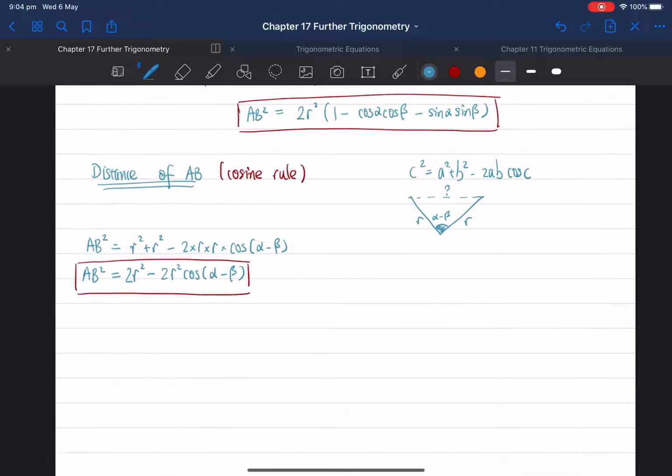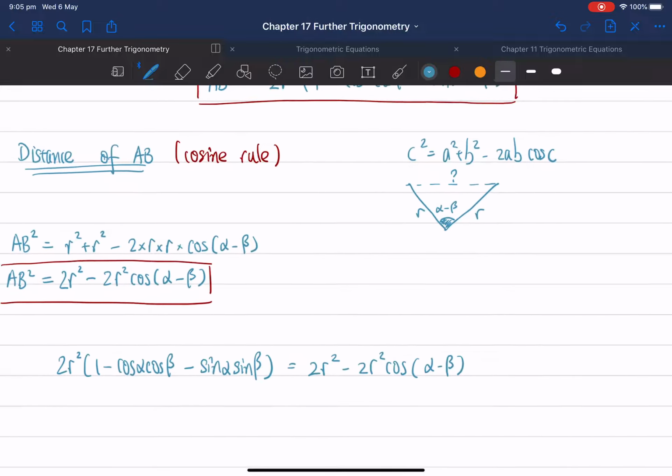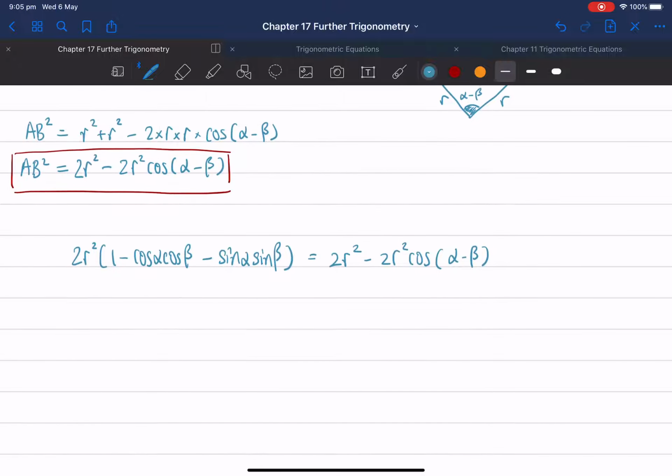If we make them equal to each other, we're going to get 2r squared (1 minus cosine alpha cosine beta minus sine alpha sine beta) is equal to 2r squared minus 2r squared cosine (alpha minus beta). Now we're going to simplify this.